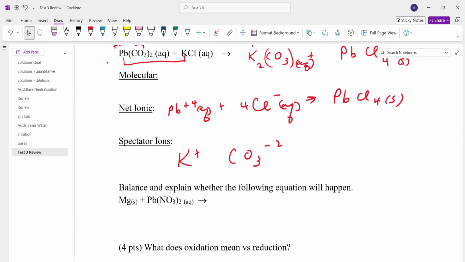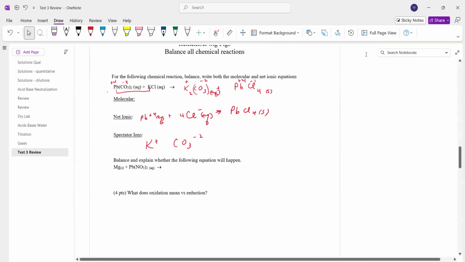Now, does everyone have one of these? I don't have a reactivity chart with me. I need to borrow some. Actually, I have one electronically here. Let me just pull that up.